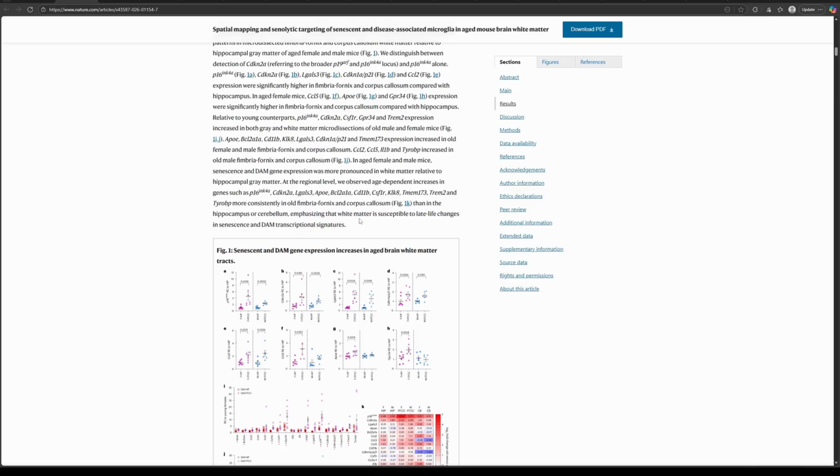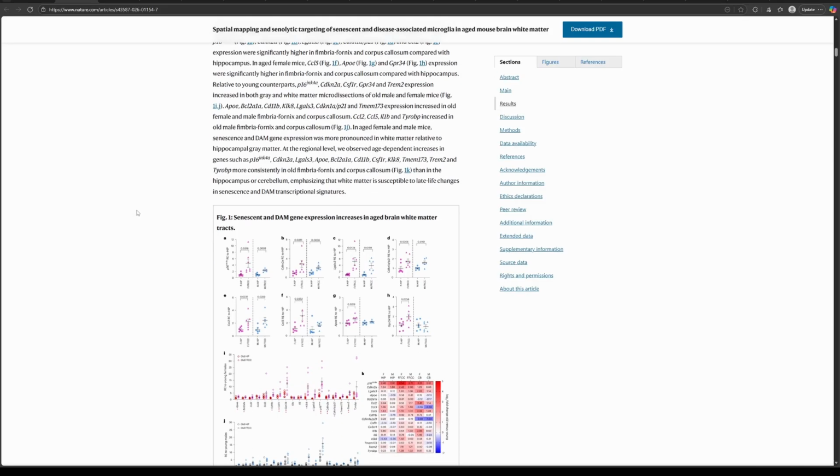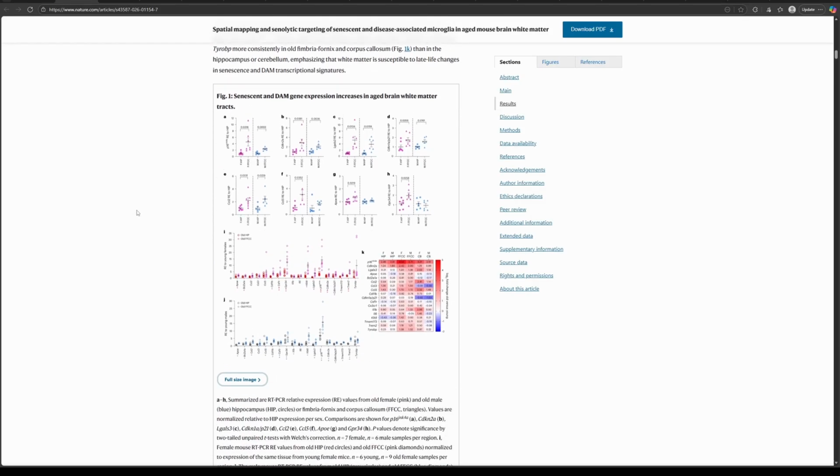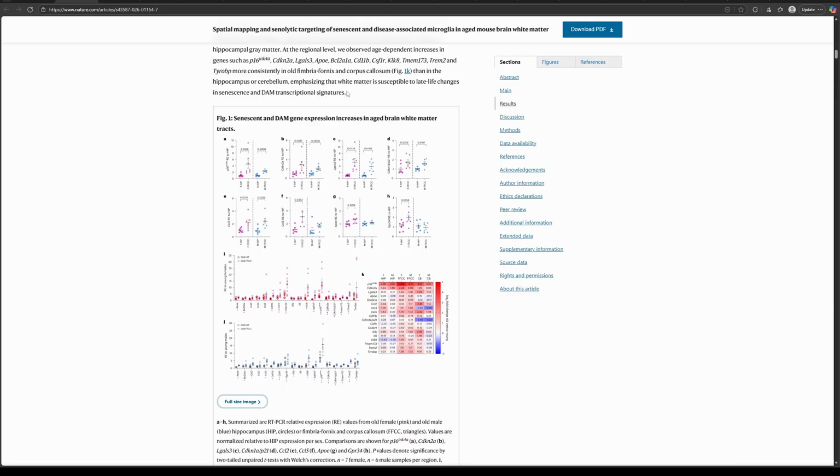Which means that the white matter is susceptible to late life changes in senescence and DAM transcriptional signatures. So white matter is more malleable for being turned into this type of specific senescent state.